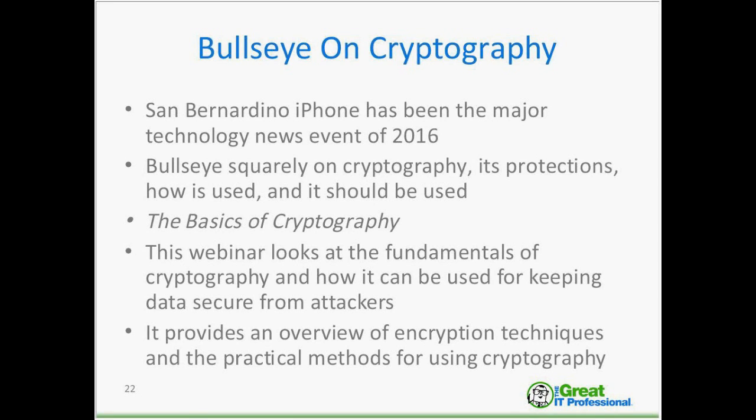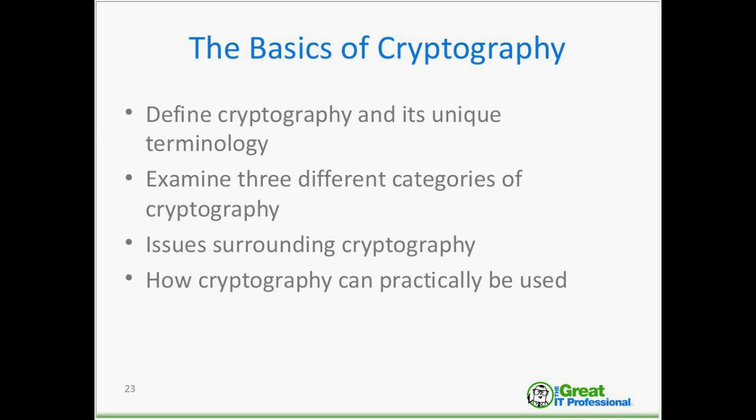We'll look at the three different categories of cryptography. We'll pause and talk about some basic issues surrounding cryptography in our world today, and then we'll conclude with how cryptography can practically be used. And we will look at how to securely configure your iPhone or Android device so that no one can actually get into it.